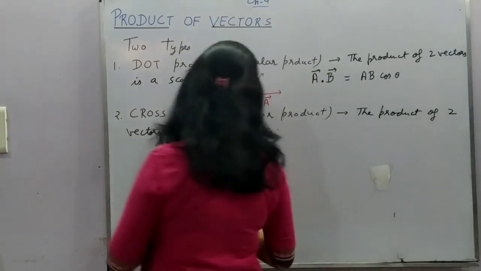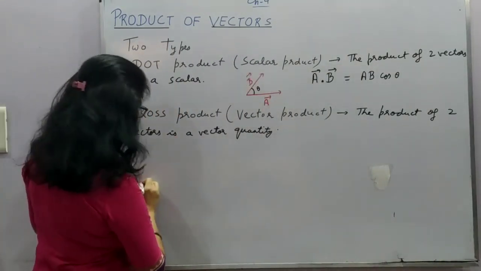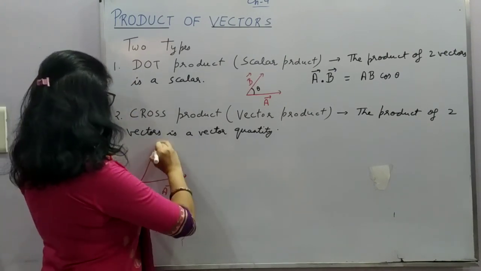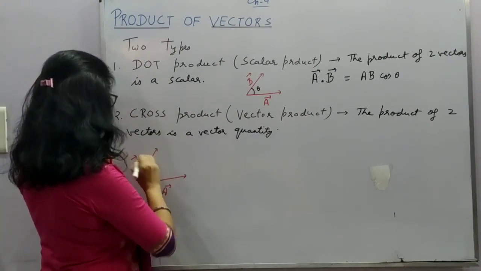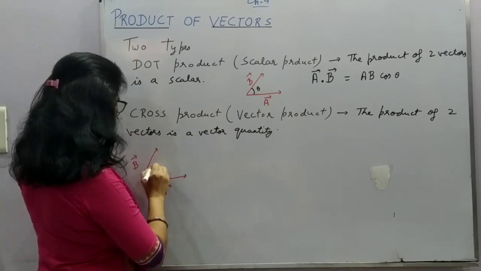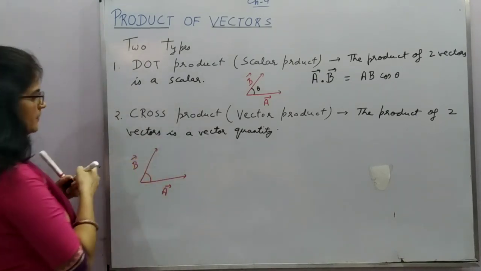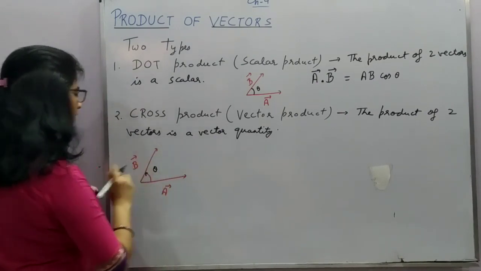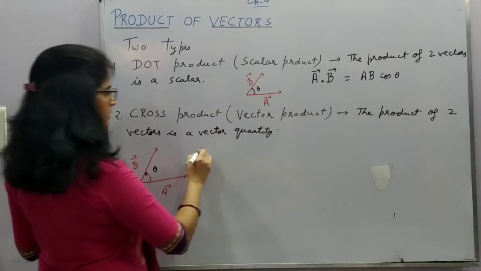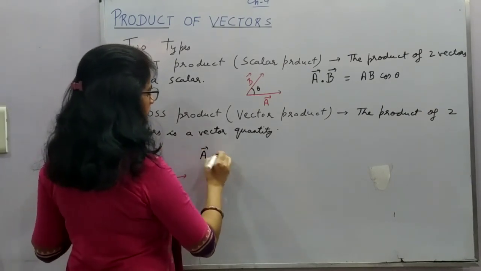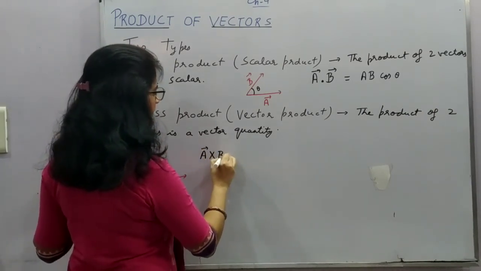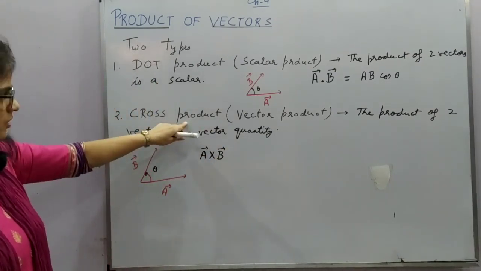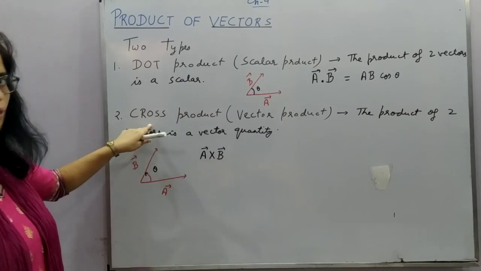Similarly, if here I have vector A, right, and the second vector B, the angle between the two is theta, right? Then if I am writing A vector cross B vector, that means their result will be a vector quantity. That's why this is also called vector product or cross product.